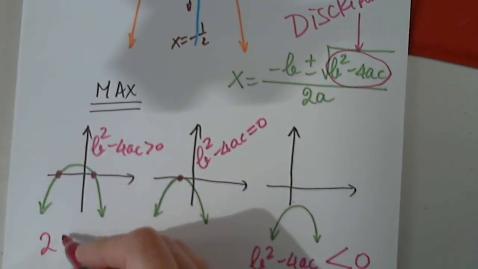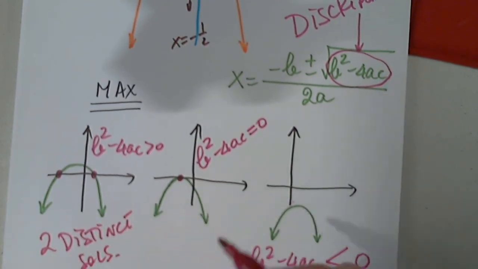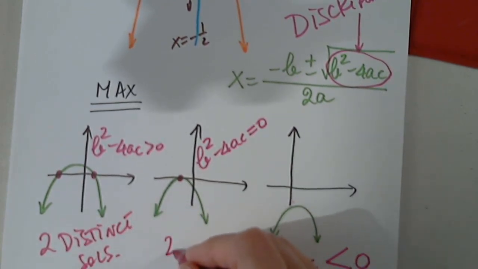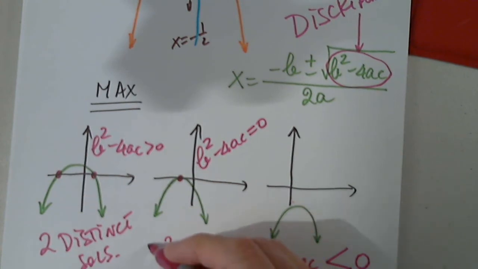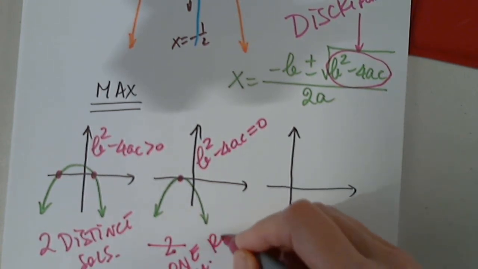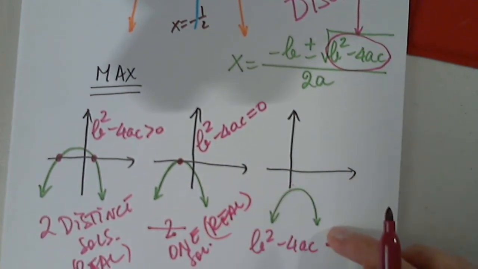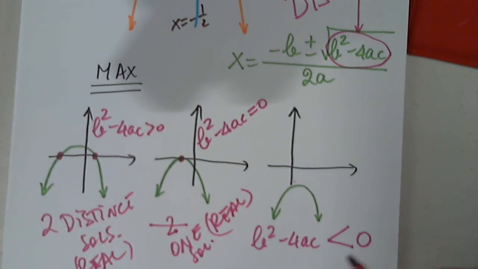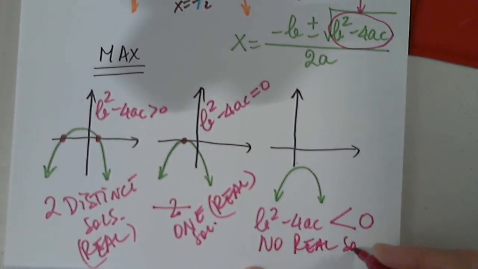So here two distinct real solutions. Here two solutions, but we like to say one solution, which is also real. But here, no real solutions, imaginary.